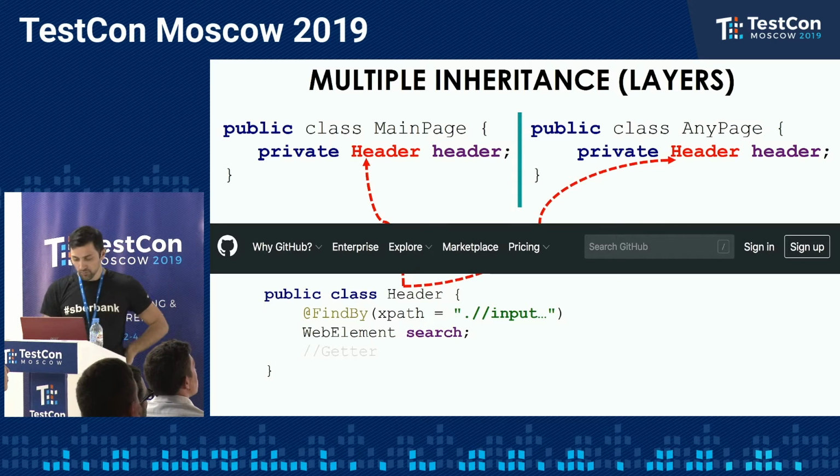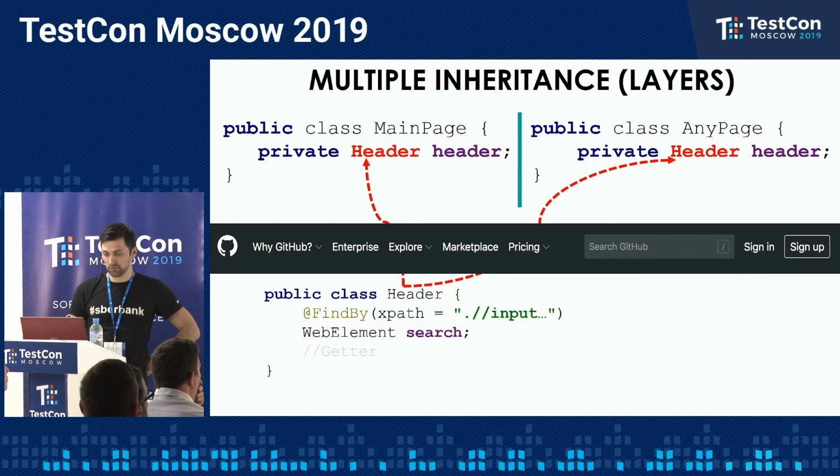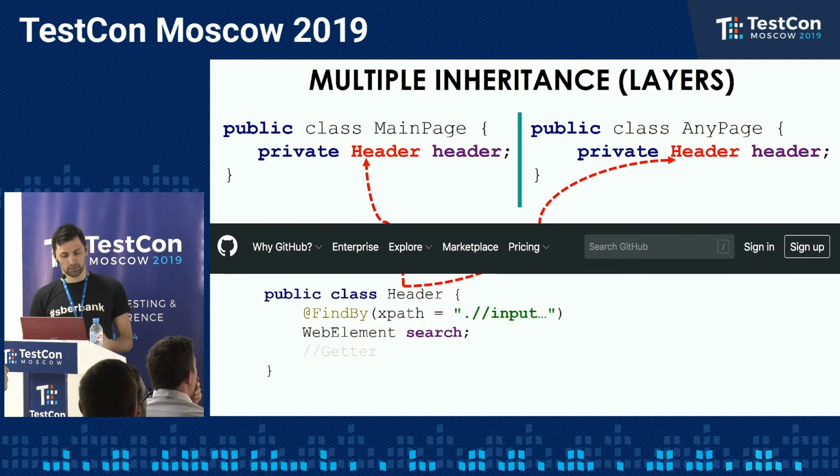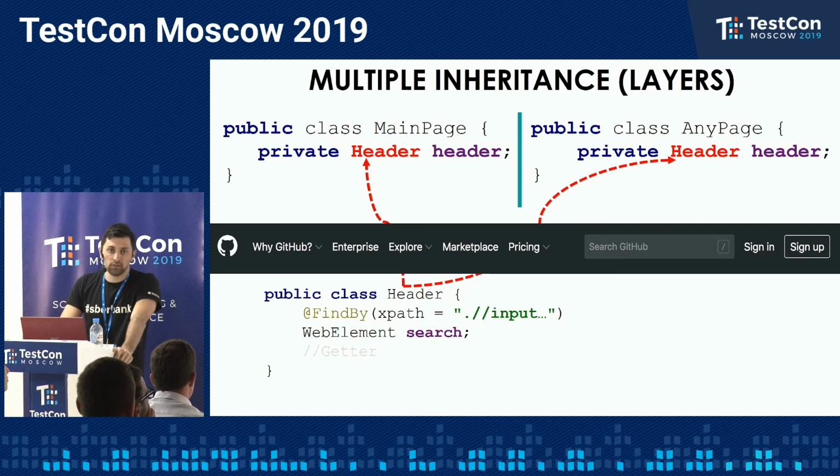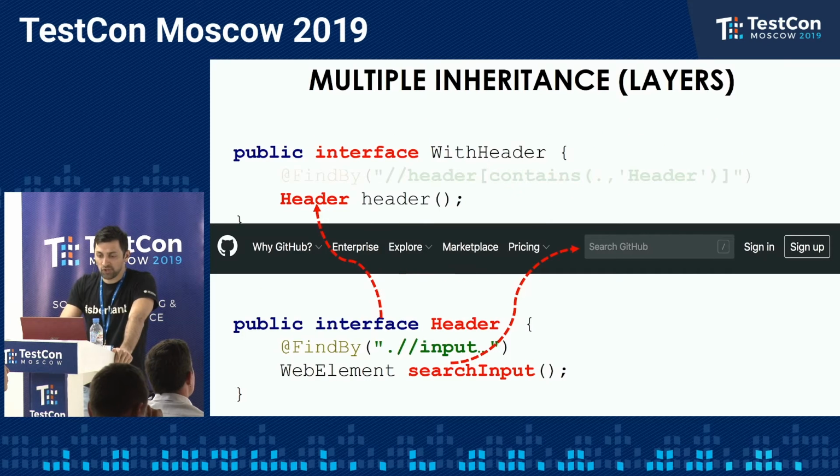With inheritance, you can inherit different classes from the main element. So previously I had to describe the header, describe the components, and add this header to each and every class. So I had to copy-paste a lot of times. Now it's different.